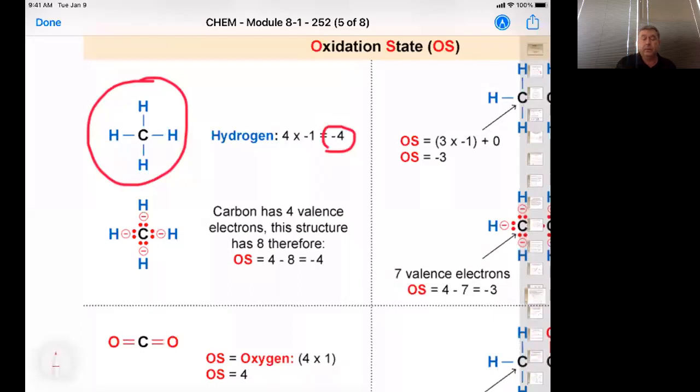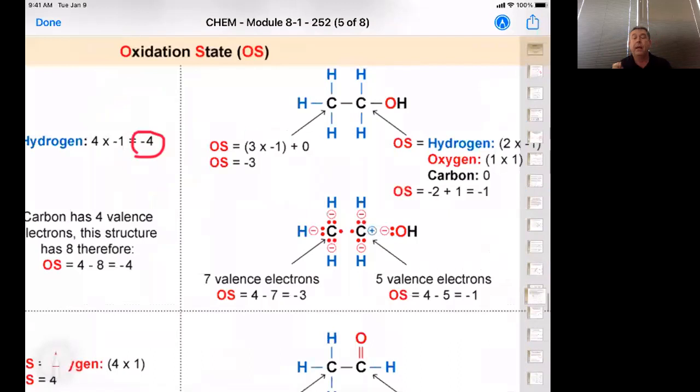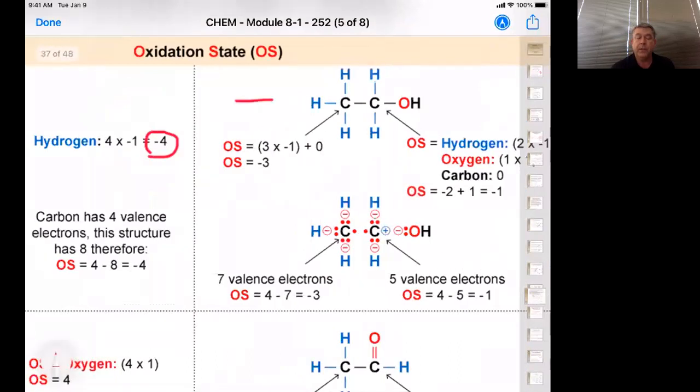In the sense of valence electrons, we had 4 valence electrons, but now it has 8 because of the 4 polar bonds with hydrogen. Now let's oxidize it a little by taking it into an alcohol. If we look at this carbon over here, we have 3 bonds with hydrogen, so that's -3.